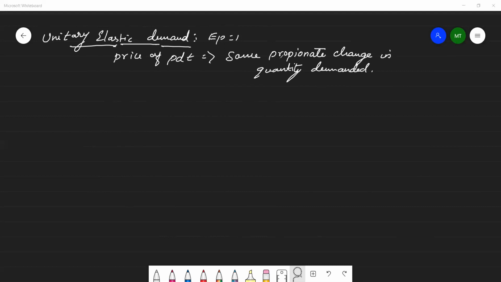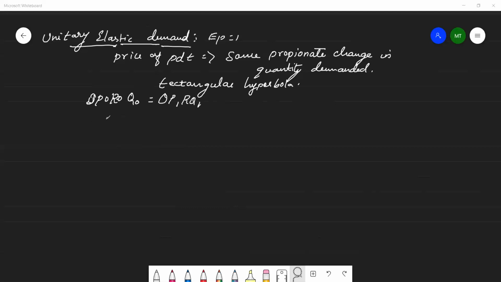Quantity demanded. Here the shape of the demand curve is rectangular hyperbola. So இதோட curve எப்படி இருக்கும் அப்படின்னா rectangular hyperbola. So it shows the areas OP0R0Q0 is equal to OP1R1Q1.